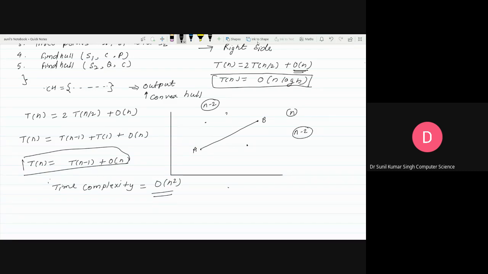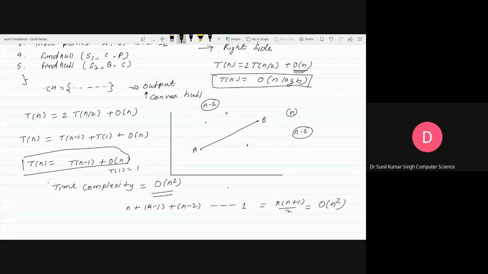Because for T(1), you can consider it 1, then it will be something like n, then n minus 1, plus n minus 2, something like this, till 1. And if you do the summation, it will become n into n plus 1 by 2, something of order n square.